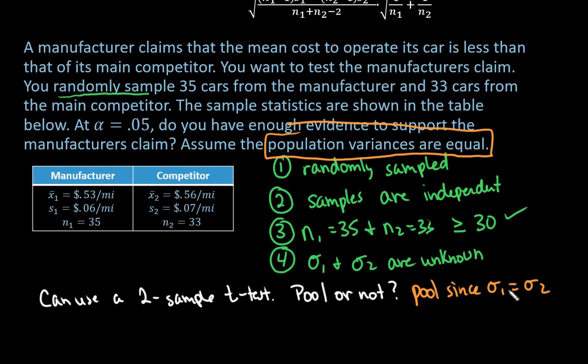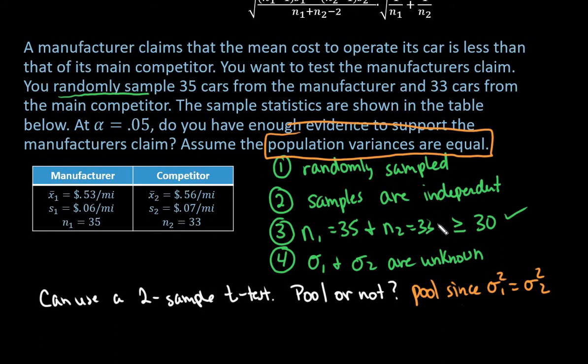So again, sigma 1 and sigma 2 just represents the population, and really it would be sigma 1 squared and sigma 2 squared because of the fact that the variances are the standard deviations squared. Okay, so if you know that the population variances are equal to each other, then you can go ahead and pool.